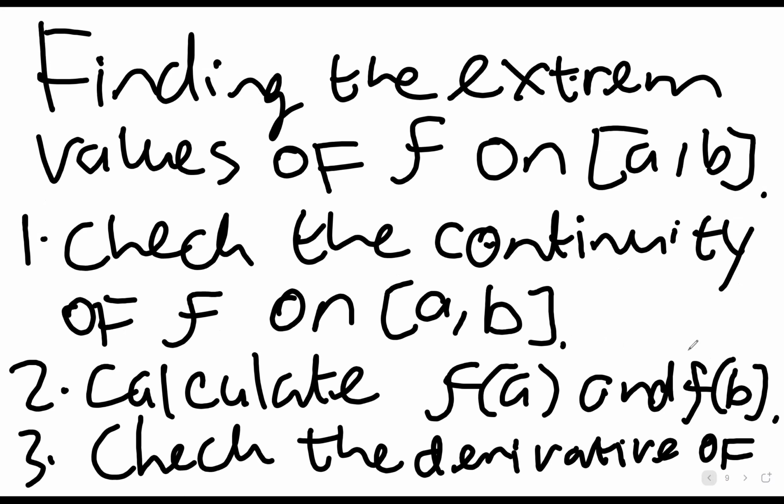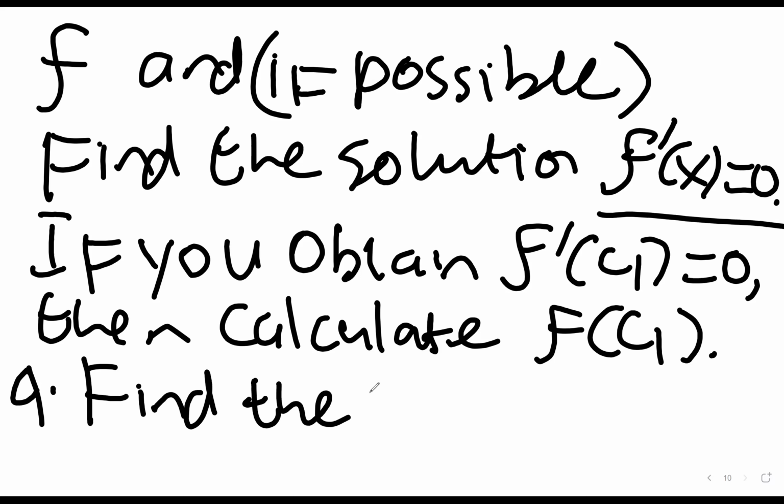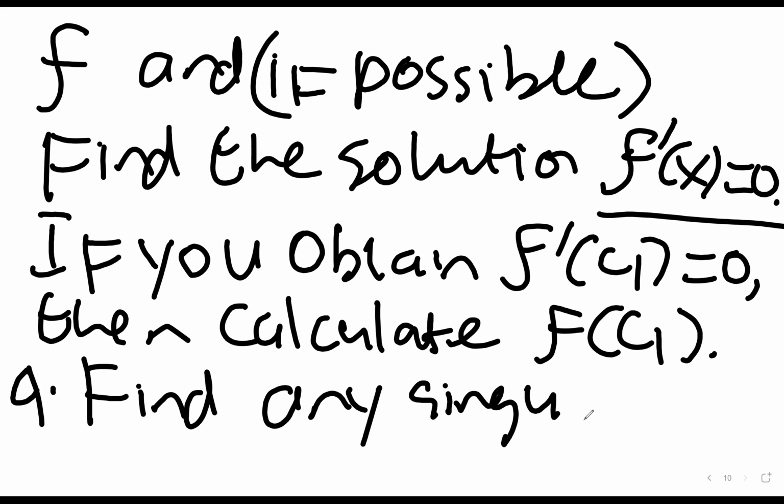And then the third one: if the function fails to be differentiable at a point, find the singular point. Find any singular point. Of course, if your function is a polynomial or sine x or cosine x, then there is no singular point.